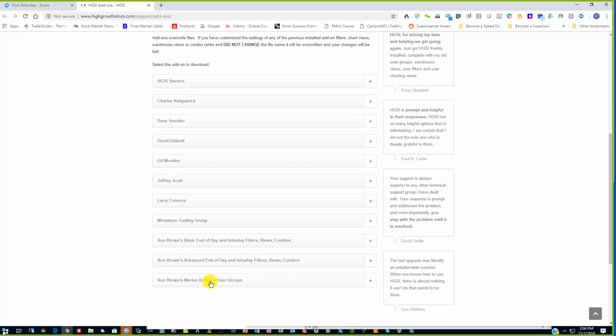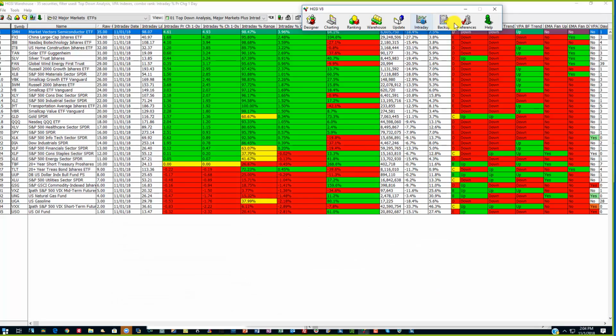And then here's the market analysis user groups, which I'm going to talk about a lot today. So you just click on these links, and then you go under preferences. Wherever you download them to, you install them by installing the add-ons. It's a very simple process, and I update these files a lot.